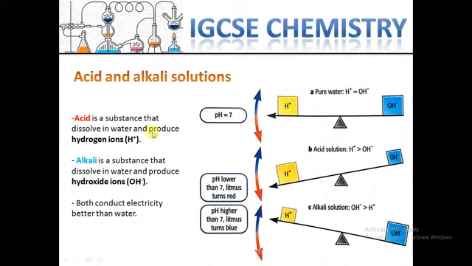That substance is acid. How about alkali or basic? Alkali is a substance that dissolves in water and produces OH ions. When we have an alkali solution, that means we have an alkali which dissolved in water.